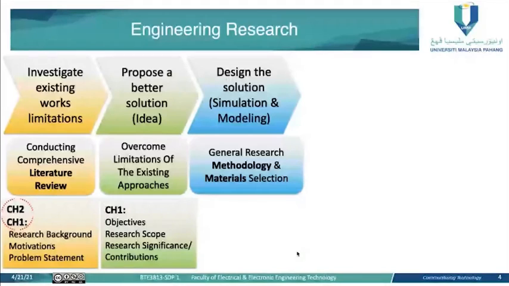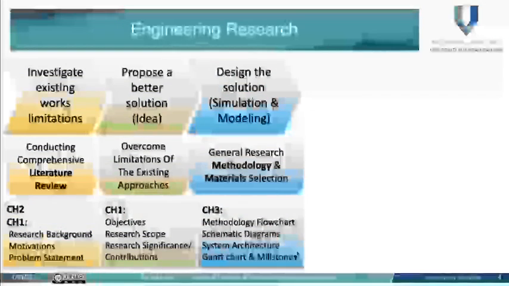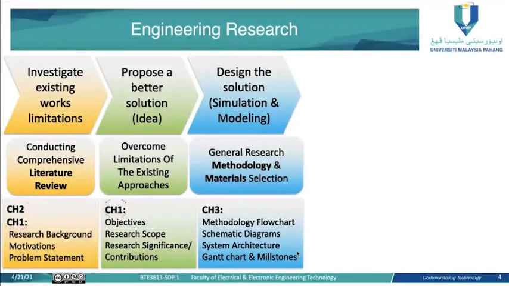Either by using simulation and modeling, you are going to come out with your general research methodology and your material selection, as well as these 3 or 4 sections in your research methodology chapter: the methodology flowchart, which are the steps that you are going to follow in order to achieve your objective, and the schematic diagram, how your system looks like, what the components of your system are, how you are going to do the wiring, how you are going to connect, for example, your sensors with your controller, with your actuators, and with your server, how you are going to fabricate your part, and so on.